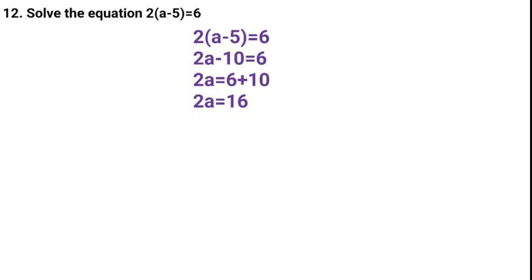Once I've gotten the answer 16, the next thing I'm going to do is divide both sides by 2. Why 2? Because I want to remain with a alone on the left side of the equal sign.